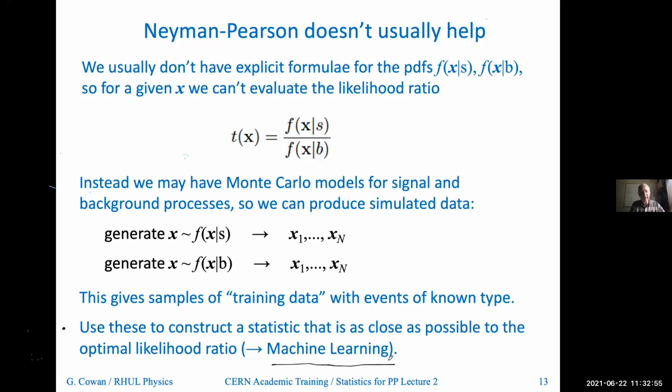That would be a completely different set of lectures, so I'm not going to go into that now. But it's important to realize that there is at least a piece of mathematics that tells us what the optimal goal is. The best critical region or the best test statistic will be determined by something like this likelihood ratio. And we can use machine learning algorithms to try to get as close to that as possible.